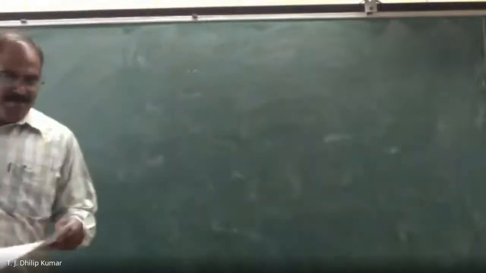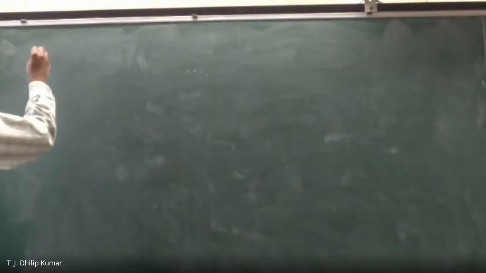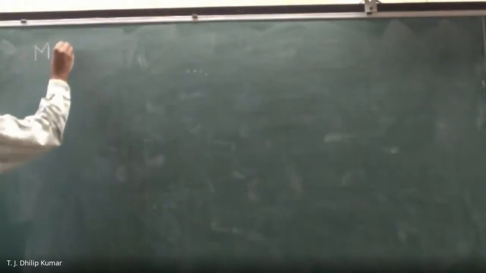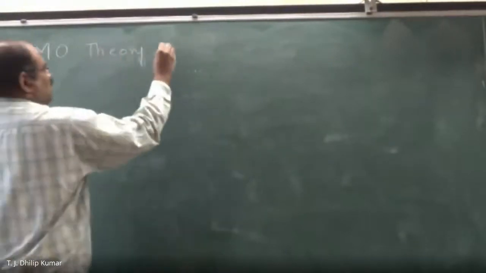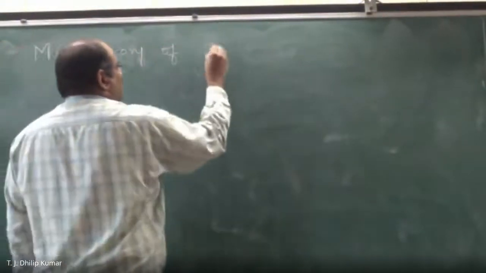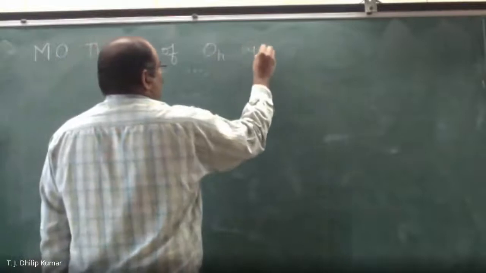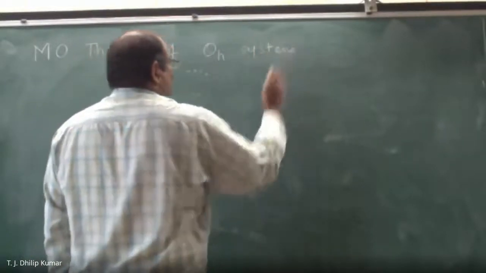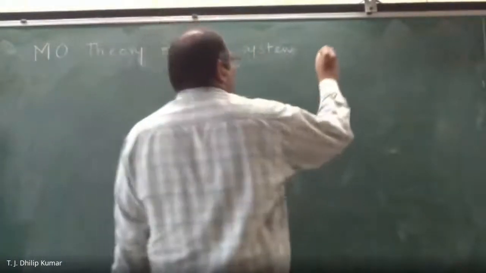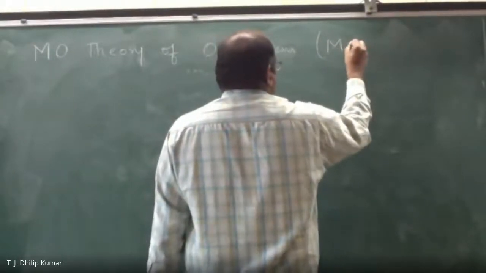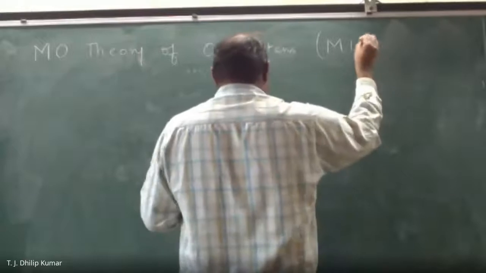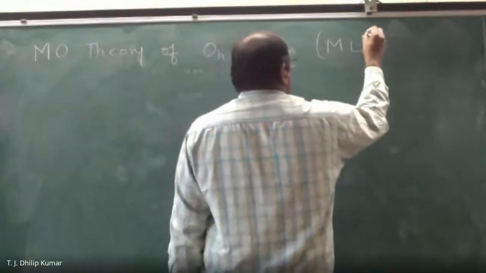So the next topic is MO theory of octahedral systems. So say consider M L6 to the n minus.